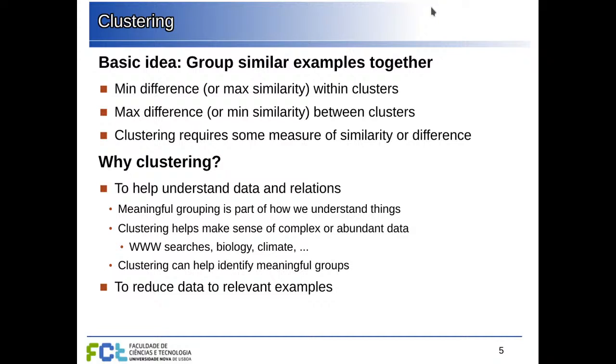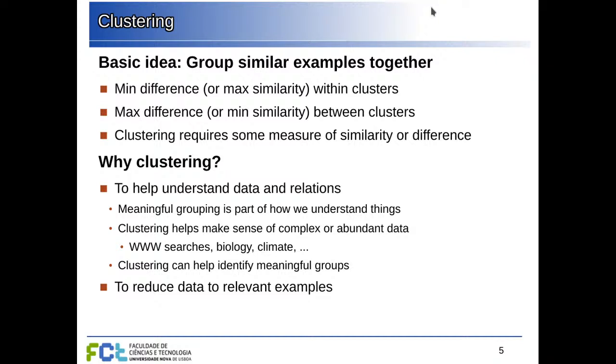So the general idea is that we want to understand the data better. We want to find, for example, patterns where we can imagine the data as groups that we put together. And so we are conceptually at least reducing the data to these relevant groups here.